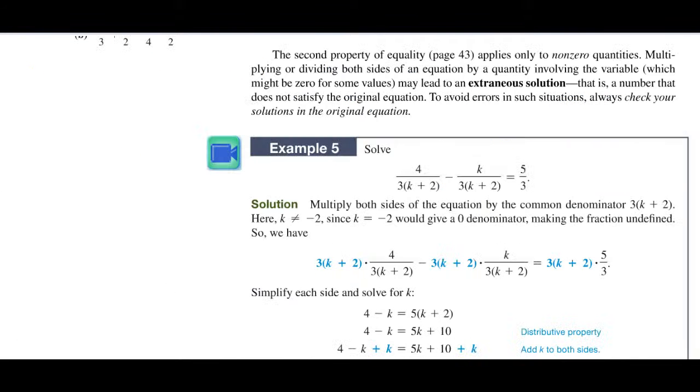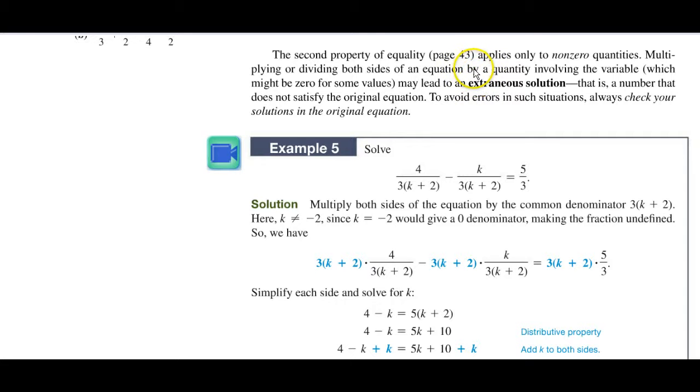Alright. Now in this next example, they're going to show us that from time to time we may get a solution for a variable that, when we put it in the denominator, if there is a variable in the denominator, and that solution makes the denominator a 0, then we say that is not a solution.